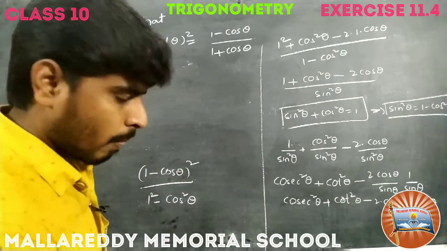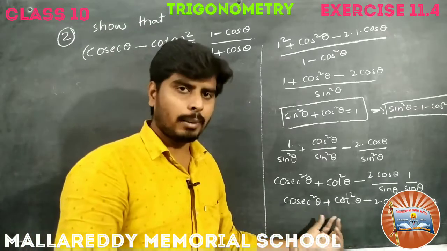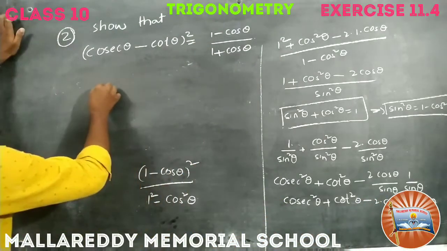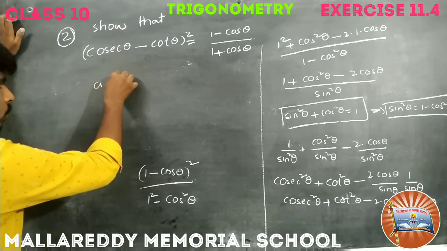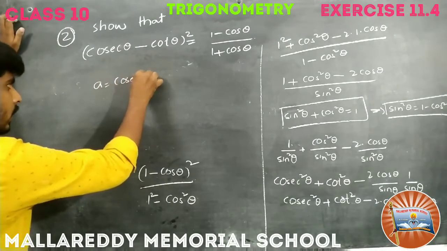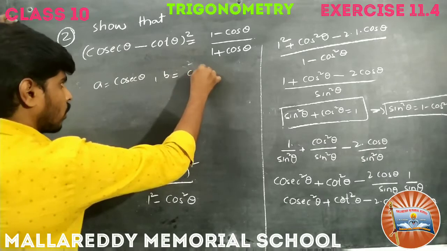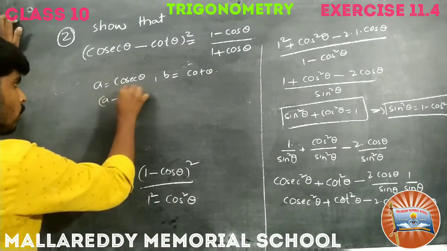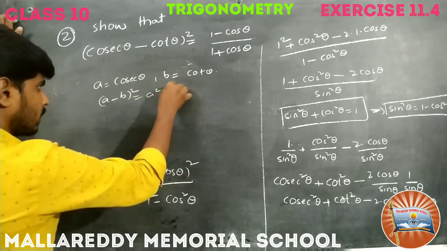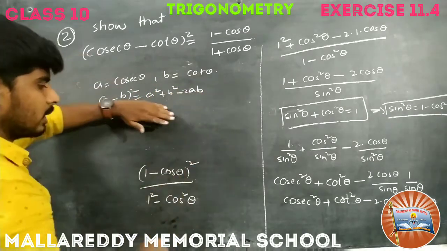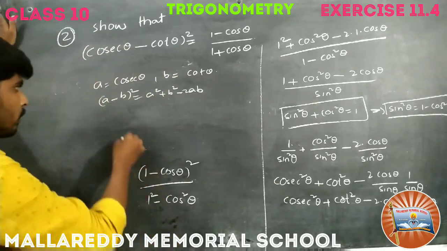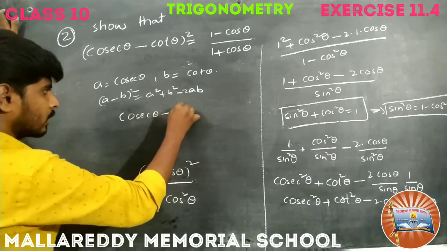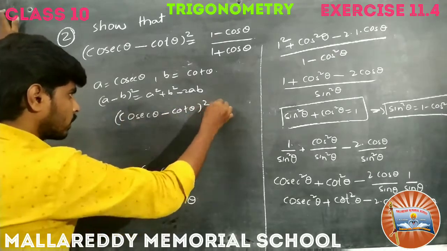So what becomes? This is in the formula of a square plus b square minus 2ab, isn't it? So can we write like this? Where a equals cosec theta, b equals cot theta. Okay. So (a minus b) whole square is equal to a square plus b square minus 2ab. I am replacing the values of a and b. What becomes? (Cosec theta minus cot theta) whole square, isn't it?